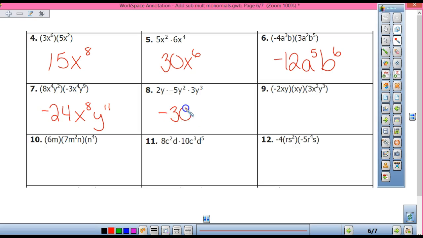There you go, negative 30. Y to the, good. Jacob? Negative 2 times y. Ooh, careful. Multiply your coefficients. So negative 2 times 3 is going to give us negative 6. Add up your x's, so x to the 4th. Y to the 5th. Good.